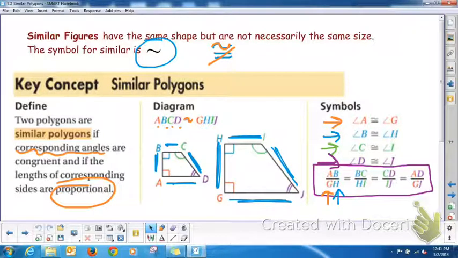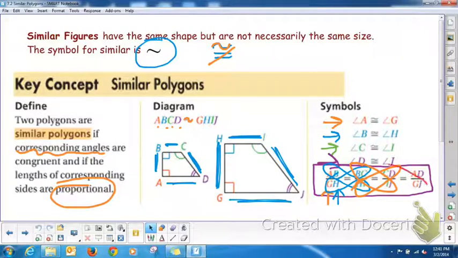So you'll notice that the letters match, just like when we were doing congruent figures. In this case, they're not equal, they're proportional. Whenever you cross multiply, every proportion will work. Every single one. When you cross multiply, they should come out so that they are equal.